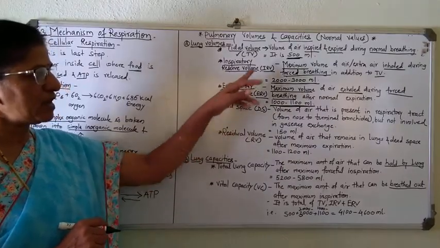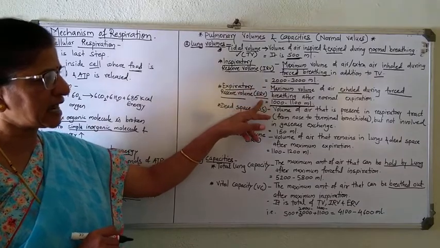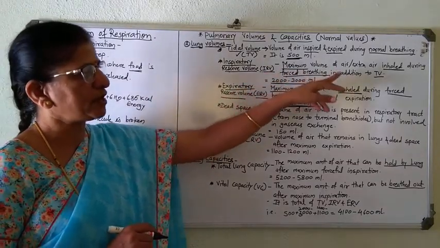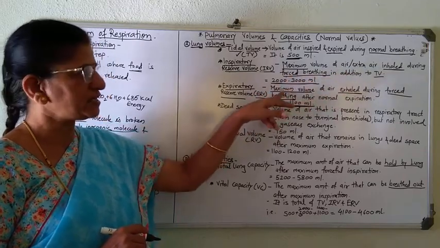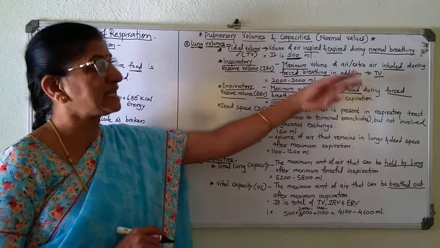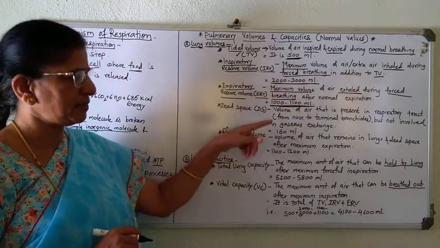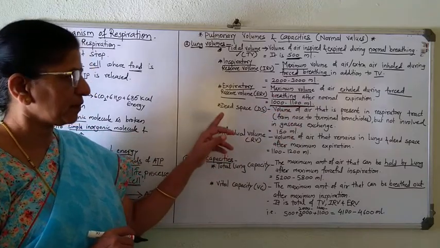So that is about IRV and ERV. IRV and ERV are exactly opposite. IRV is the maximum volume of air inhaled during forced breathing, and this is the maximum volume of air exhaled during forced breathing. It is 2000 to 3000 ml. It is 1000 to 1100 ml.